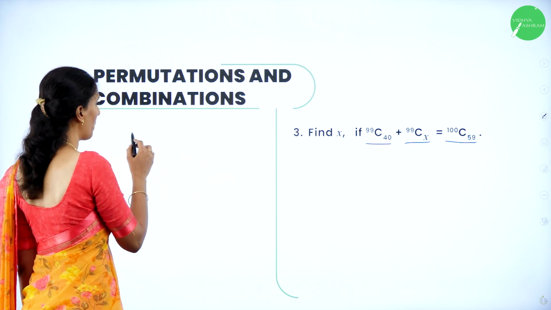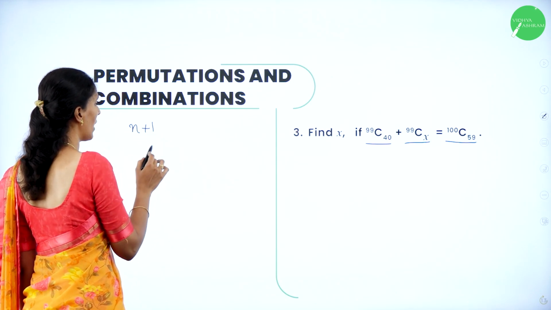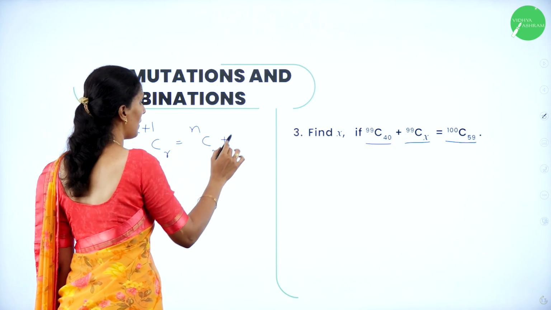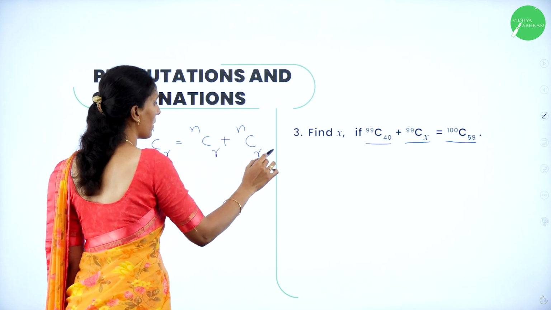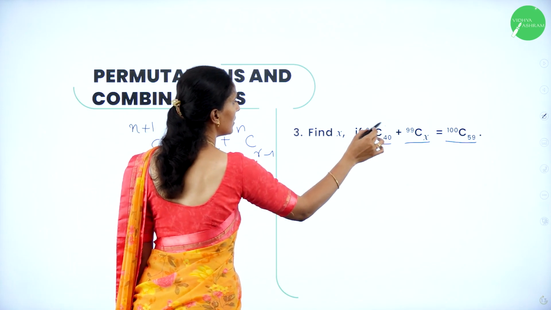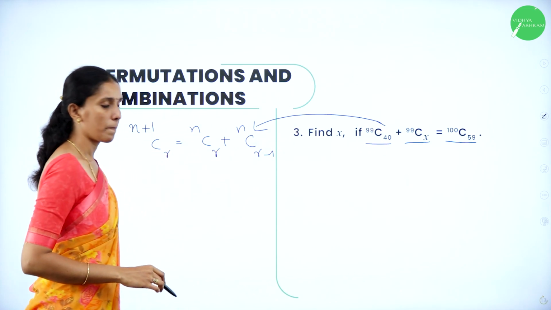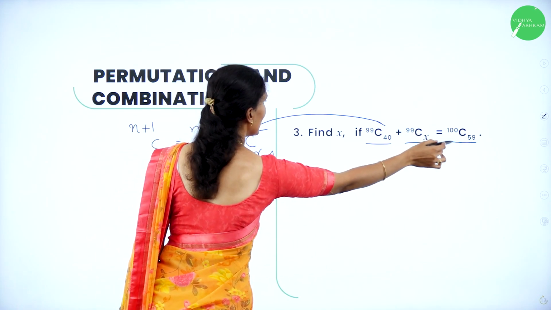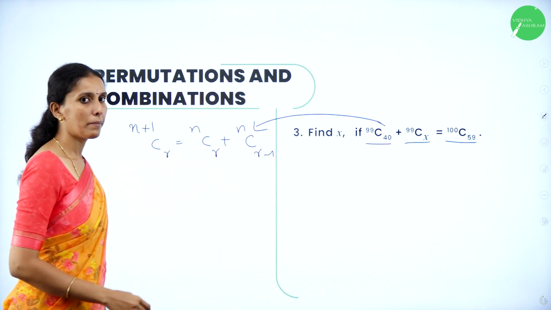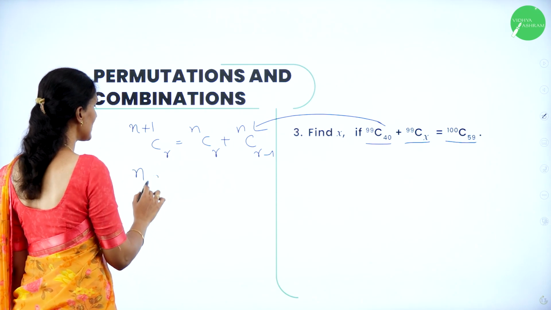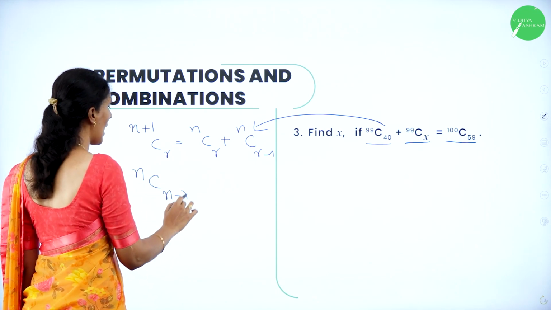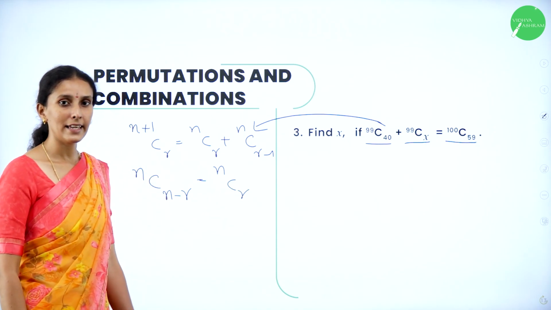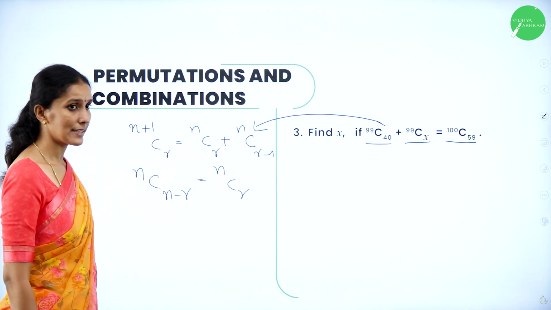Remember this property, that is N plus 1 CR is equal to NCR plus NCR minus 1. So here it is of this form. Also remember one more property, that is NC(N minus R) is nothing but NCR.